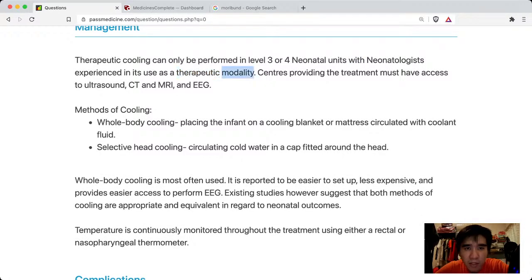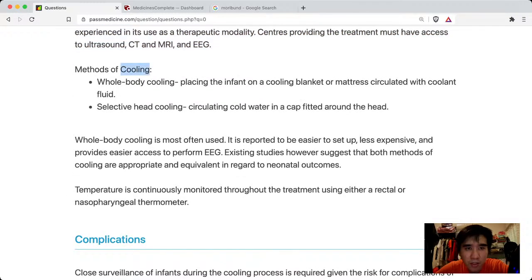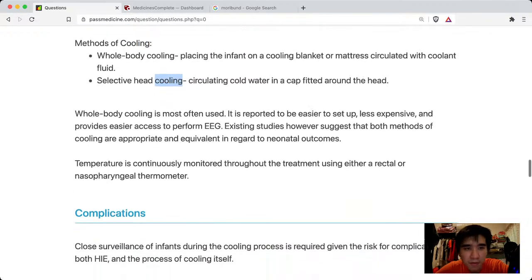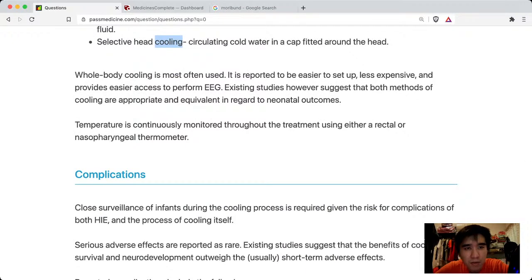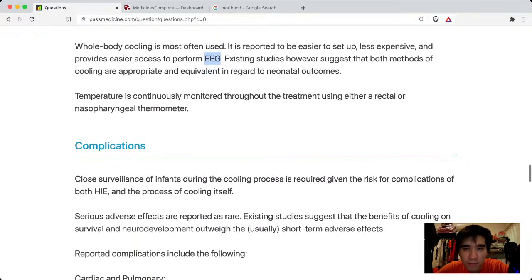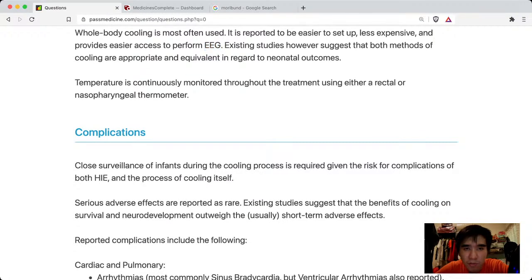Only done by neonatologists. Okay. Must have access to imaging. Methods: whole body or selective head cooling. Whole body is often used, easier to set up, less expensive, easier access for EEG. Temperature continuously monitored throughout the treatment, either rectal or nasopharyngeal.